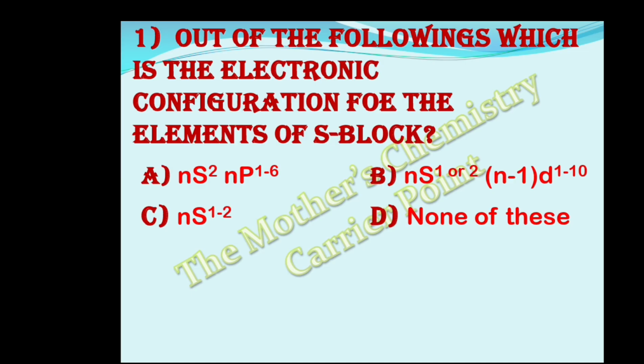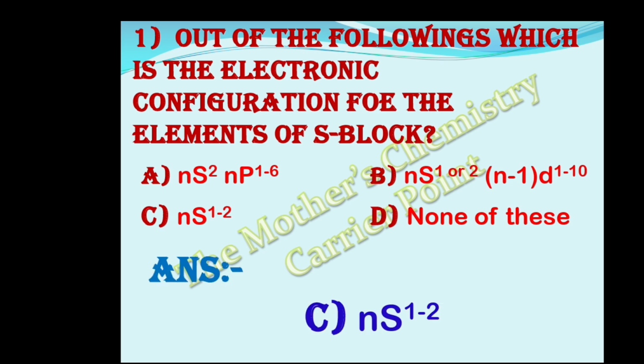(n-1)d1-10. So, we must understand the question first. Which electronic configuration is asked? If it is asked for S block element, then the answer will be ns1 or 2, that is, the correct option. But if this question is for P block element, then option A will be the correct answer.